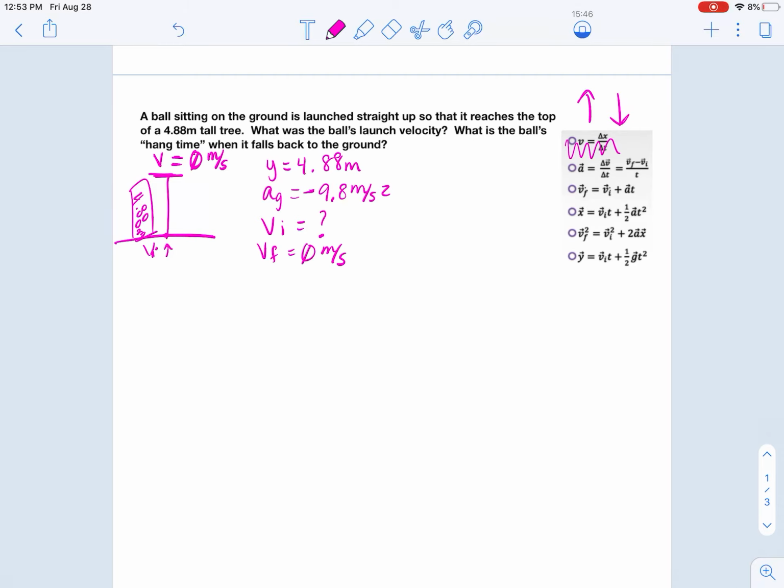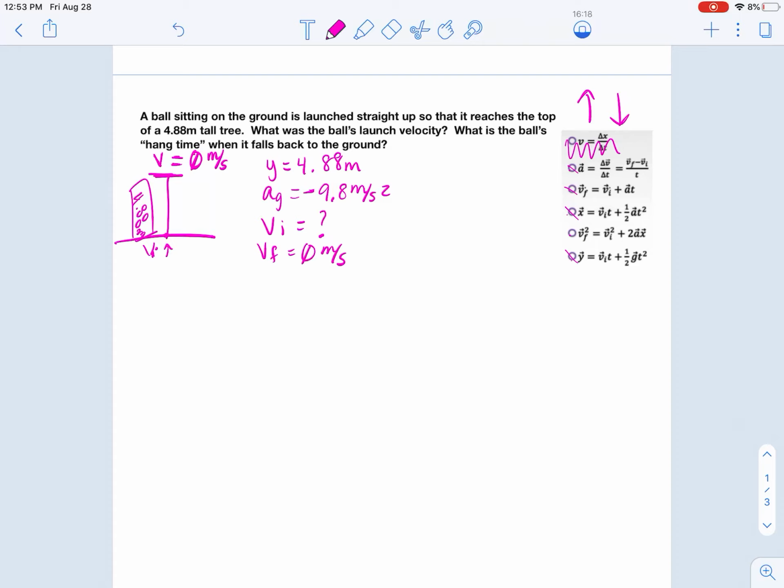So based off of this information, I can then go ahead and calculate what that initial velocity is. I am going to choose to use a formula that has VI. So that's going to be pretty much every equation. I do not have my time, so that means that these are probably not going to be the right ones because they require me to plug in a number for time.